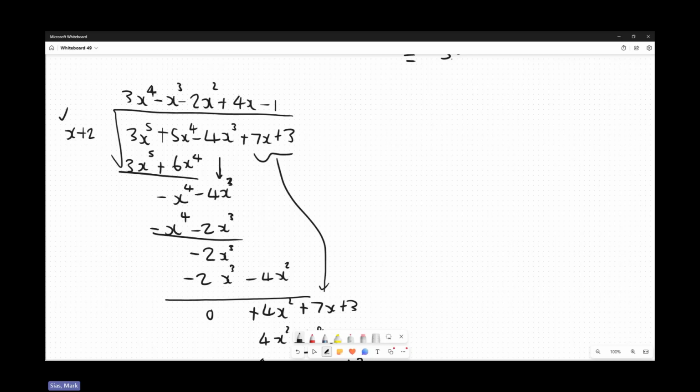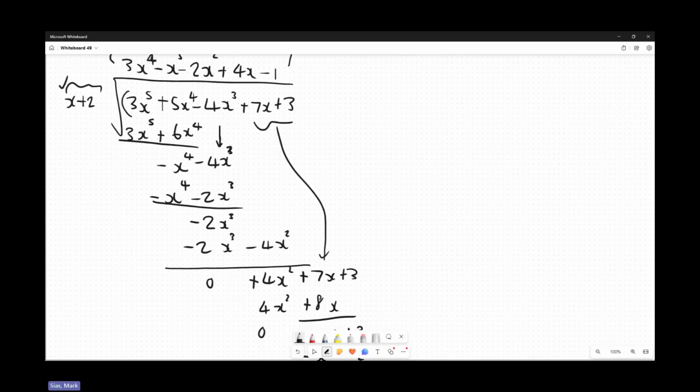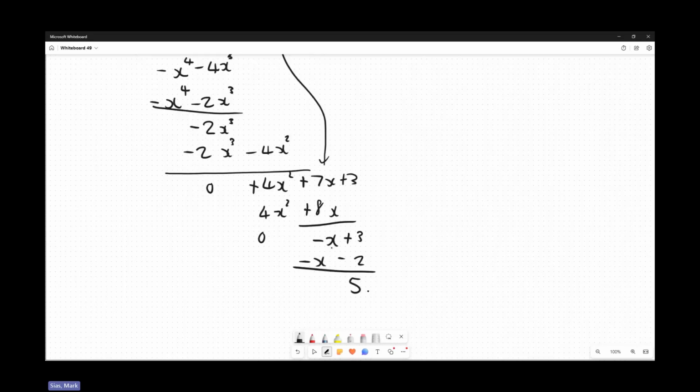What is Q of x? 3x to the power of 4 minus x to the power of 3 minus 2x to the power of 2 plus 4x minus 1. Good, good. People, this is it. She said it correctly there. This is the quotient function. This one is my divisor function. This is my so-called dividend function, although I don't like it. It sounds too accounting-like. And this one is my remainder function, r of x equal to 5.